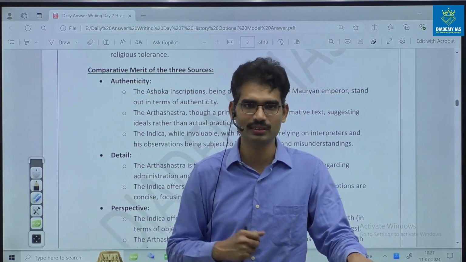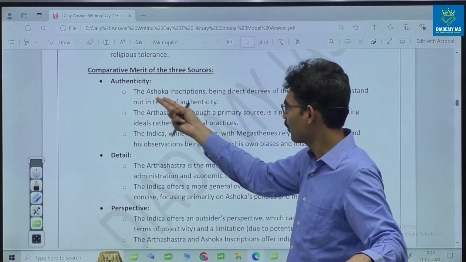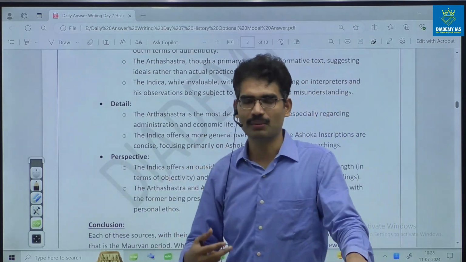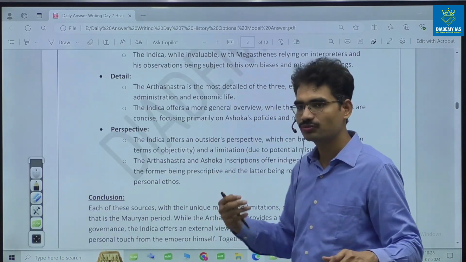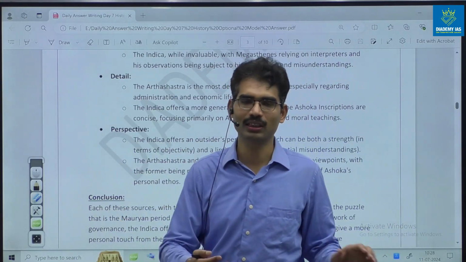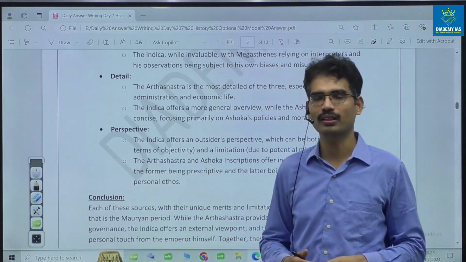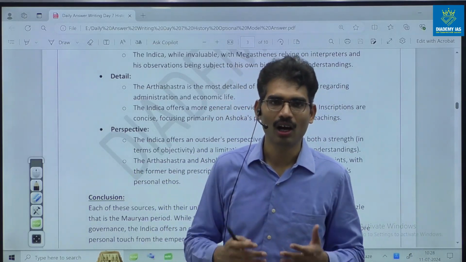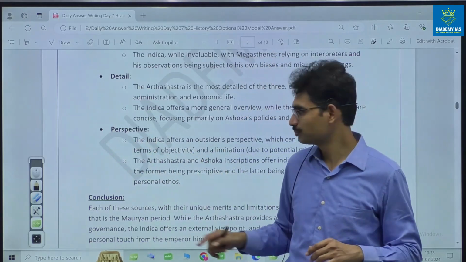UPSC has already asked this. But that point you have to write in a single sentence. How far is the authenticity? And about detail, some give a detailed description, some give just a light description. Perspective: from the foreign perspective there is no slavery, but in the Indian context it is available. Comparison: how far they are reliable, how far they are detailed, how far their perspective is correct or not.